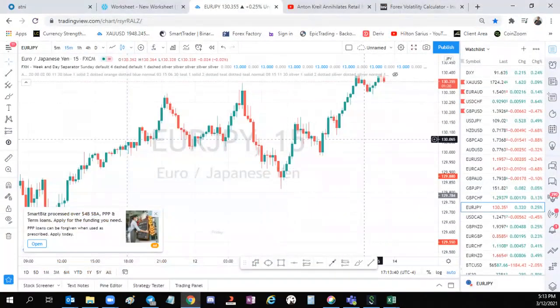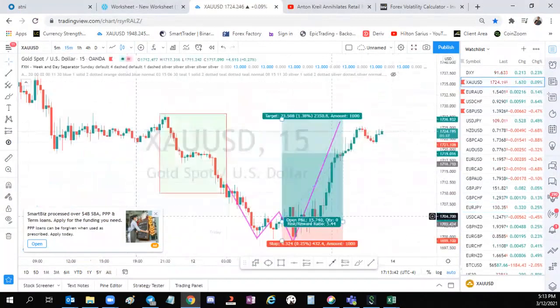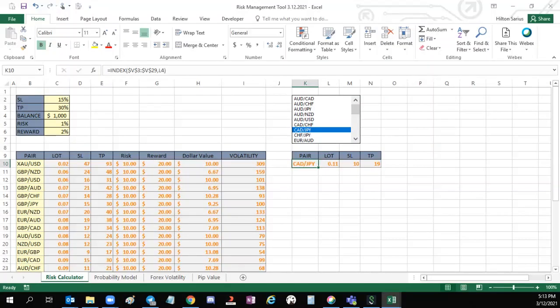Right, so you could then just go on your chart, put in your long position tool or your short position tool, and then see if the risk is acceptable based on your risk management plan for that account size.